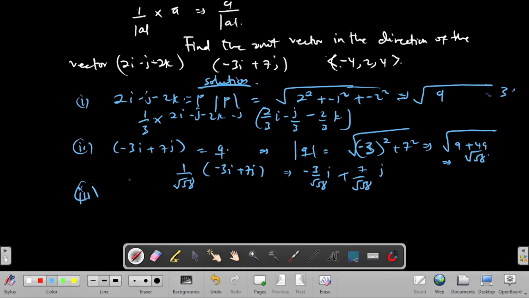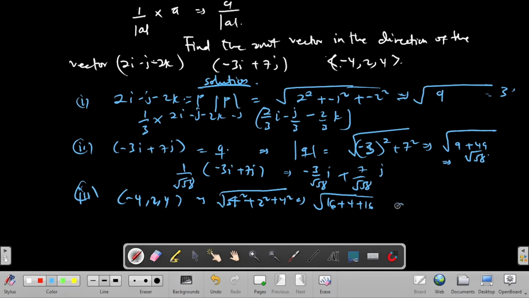The last one is negative 4, 2, 4. You simply find the length, which is the square root of negative 4 squared plus 2 squared plus 4 squared. This gives the square root of 16 plus 4 plus 16, which is 36, and that is equal to 6.